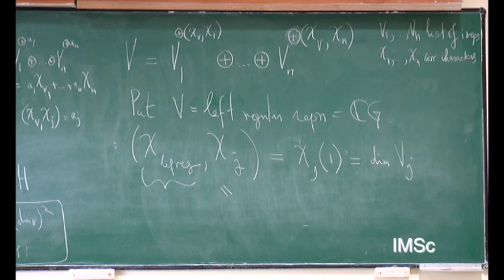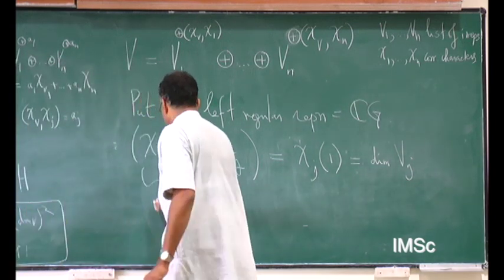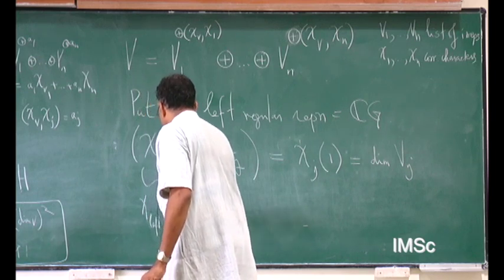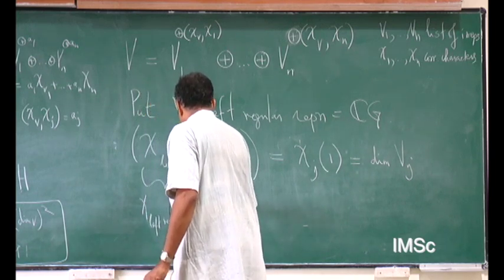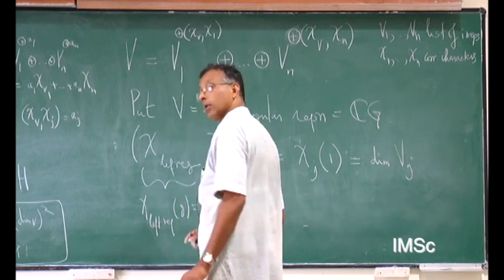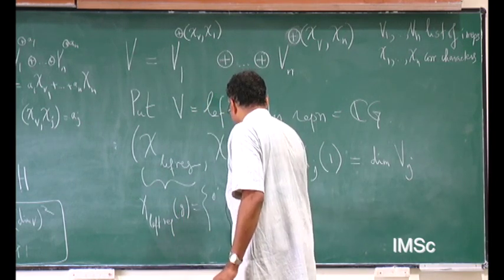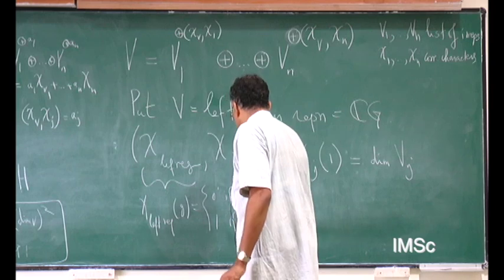If I left multiply by any element other than 1, everything permutes, nothing is fixed. So there are zeros on the diagonal. So chi left reg of G is equal to 0 if G is not equal to identity, and |G| if G equals identity.